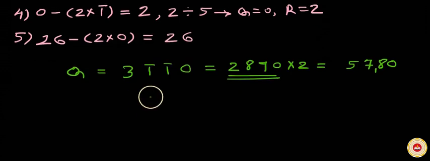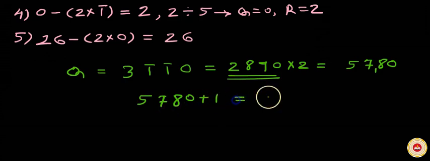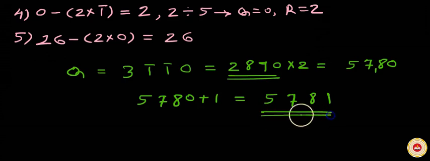So 5780 plus quotient in the last part, which was 1. Let us add this 1 to this quotient and we get 5781. This is our final answer.